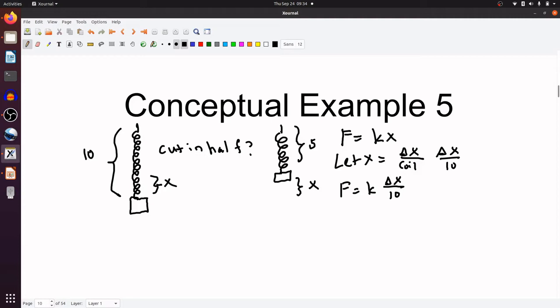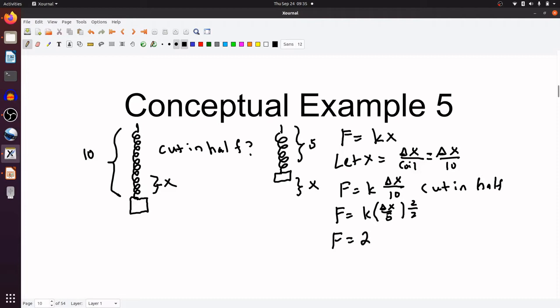Okay, but if we cut in half, we'll have half the amount of coils, right? So that gives me F is equal to k delta x over 5. The problem is that we know that delta x over 10 was equal to x, the actual displacement. And we know the displacement is the same in both setups. So the only way this is going to be the same is if I multiply the top and the bottom by 2, because the force applied is the same.